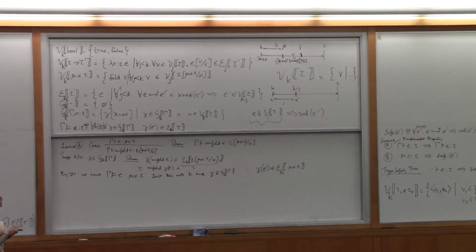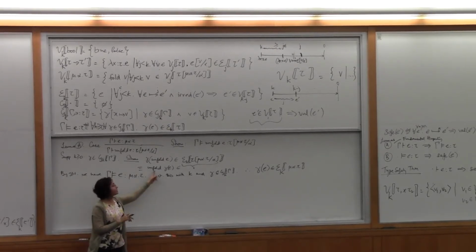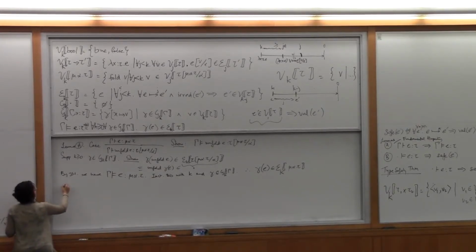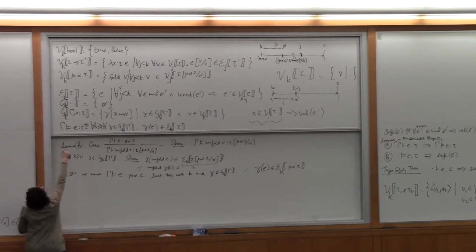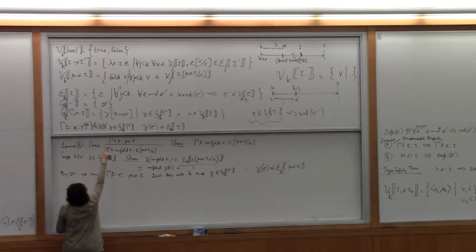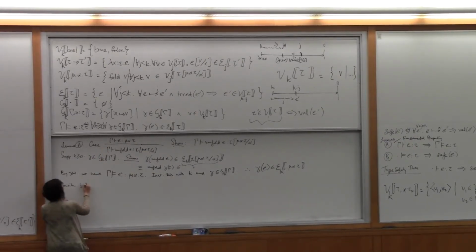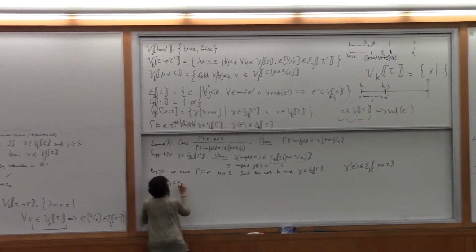So what do you think we should do now? Let's look at what we have to show. This is what we have to show. Unfold of gamma E belongs to the E relation, right? Okay. So in order to show that, consider some arbitrary j that's less than k. Are we going with less than, or do we want to make it less than or equal? Oh, no, sorry, that one is less than.